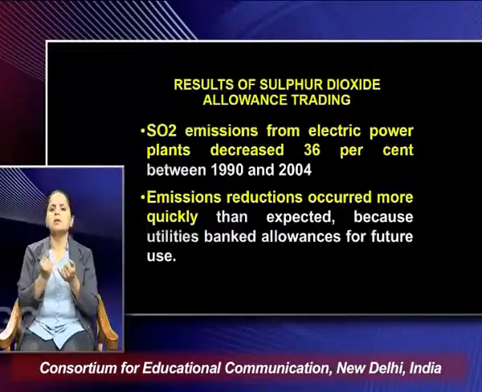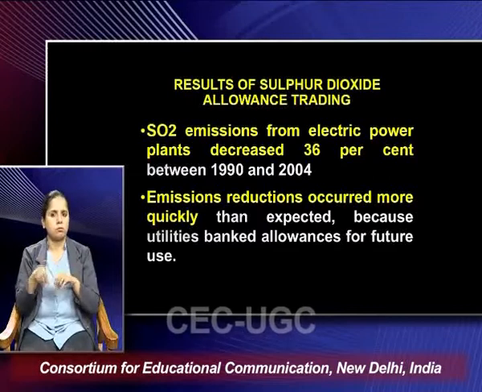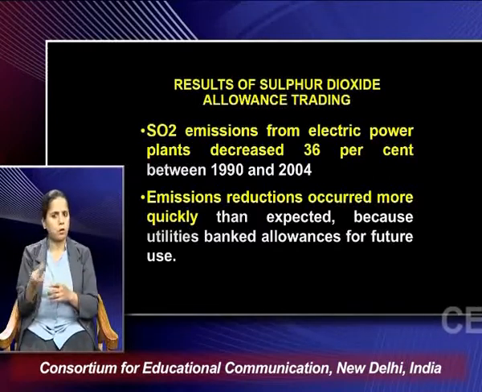So the result of the introduction of this allowance trading was that sulfur dioxide emissions from electric power plants decreased 36% between 1990 and 2004. It was again a remarkable achievement.